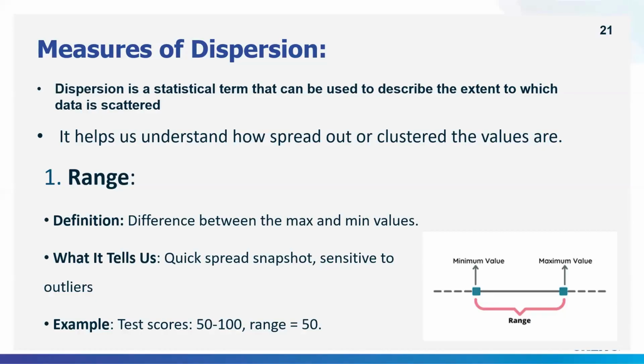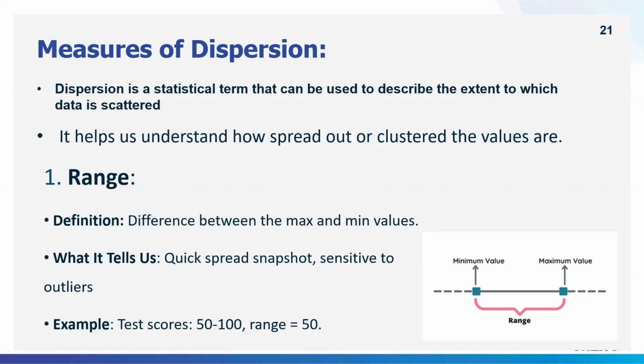And the first measure we're going to look at is the range, which is just the difference between the maximum and minimum value. So in a particular data, for you to look at how it is spread or the variability, you can quickly arrange it in ascending order and then take the maximum minus the minimum value. It can give you a quick snapshot of the variability involved in the data.